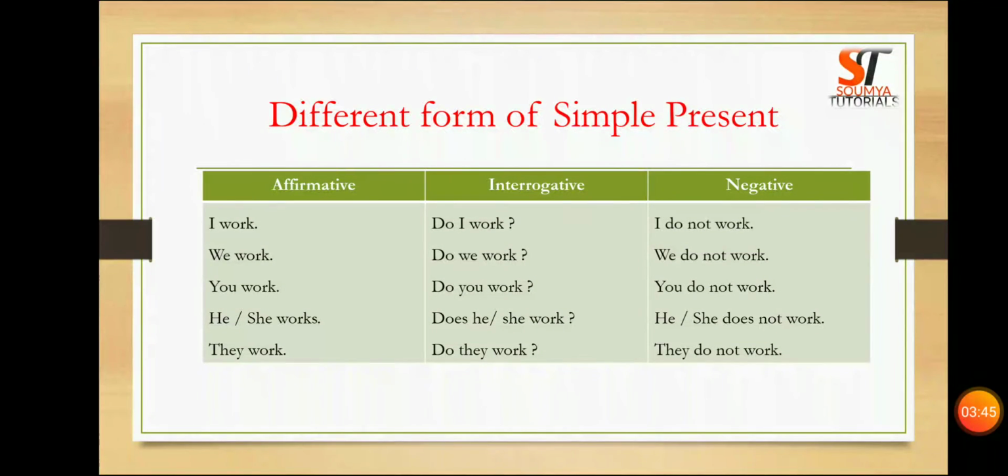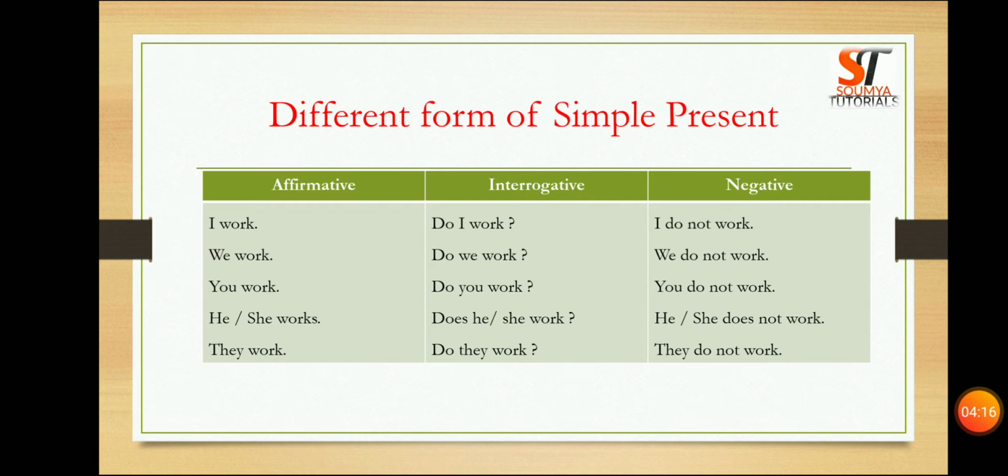Now, there are different forms of simple present tense. The affirmative or declarative sentence is framed as follows: subject plus verb. For example, I work, we work, you work, he or she works, they work. Here you can notice that as he and she are third person singular, the verb is associated with s: works.